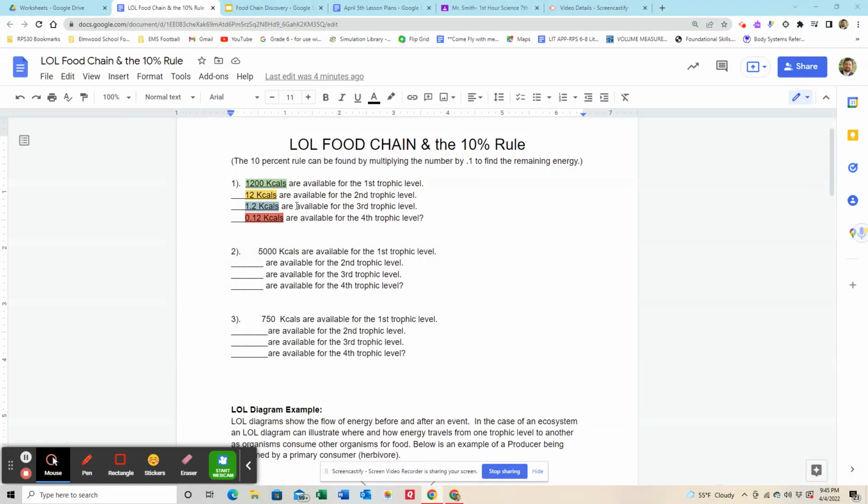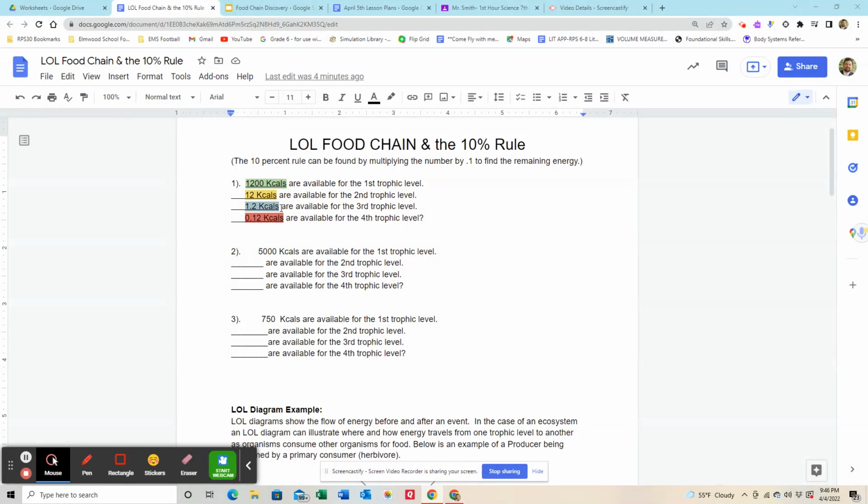And then those primary consumers are consumed by secondary consumers or omnivores, and only 1.2 kilocalories of all of the energy is available for those organisms, right?